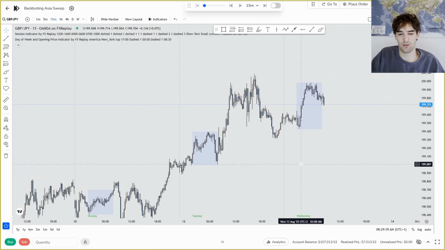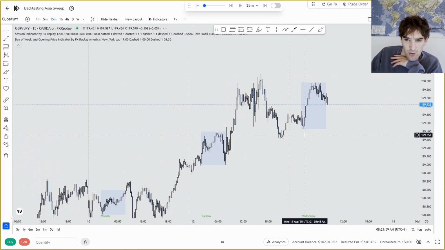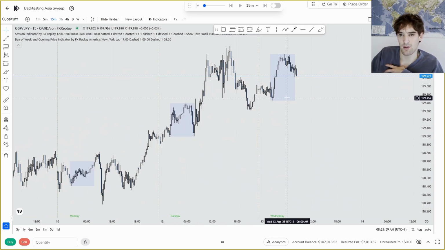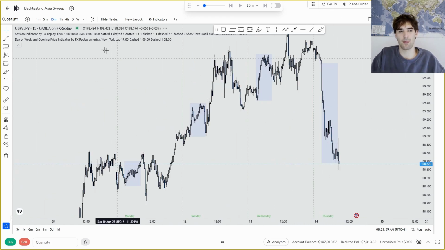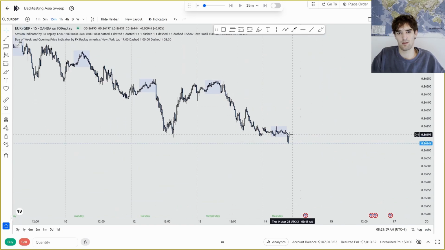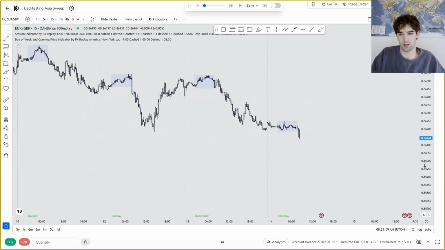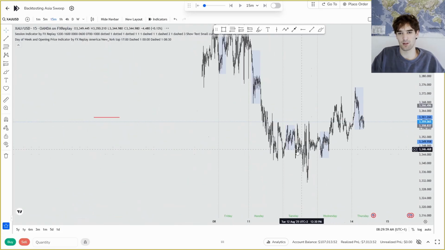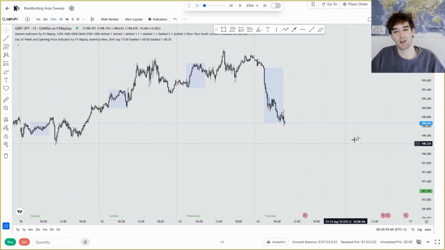Then we have GJ looking for longs, but I don't like the fact that this Asia low has not been swept yet, so I would also just ignore this one. Now EG again bearish, but the low is already taken. No setups. So no setups again.